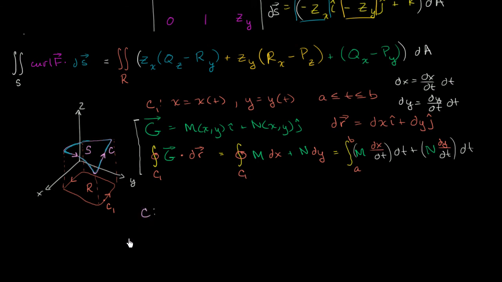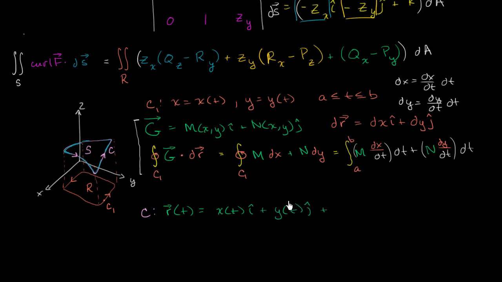C, we can say, x is x of t. And actually, let me write this as a vector. I'll use a vector r, not to be confused with this r right over here. These are two different r's, but I'll just use r because that tends to be the convention. So in order to parameterize C, it's going to be the position vector r, which is a function of t. And x is still just going to be x of t i plus y of t j.